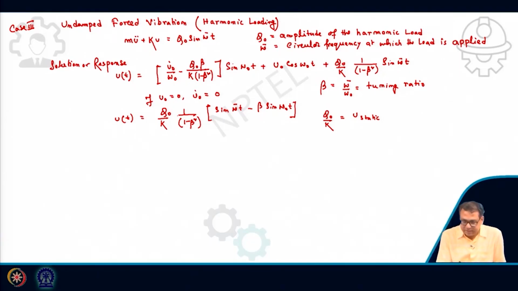So that means the dynamic displacement is this value times the static displacement. Now, this is our third case, so I will get the response of the third case.